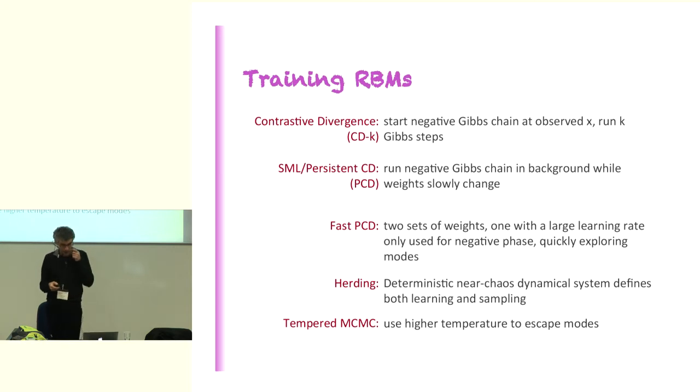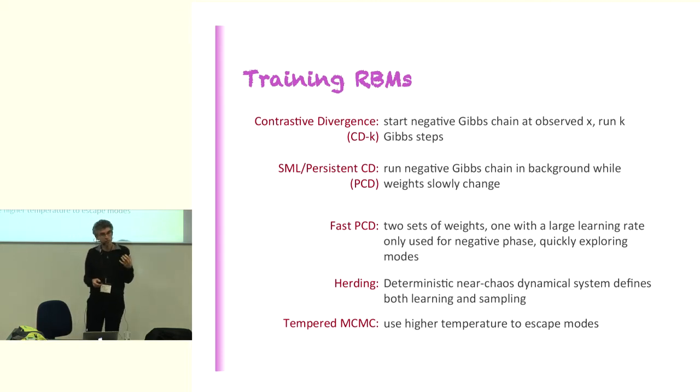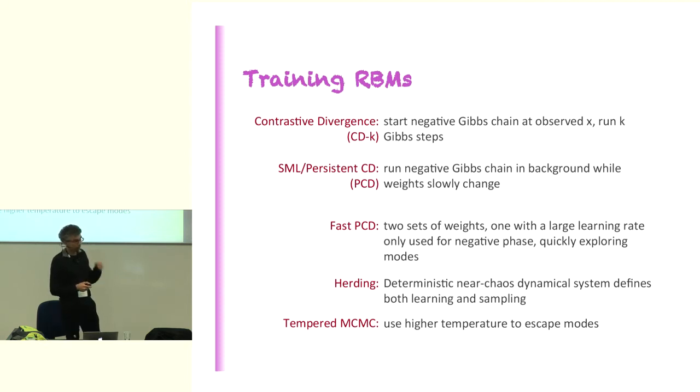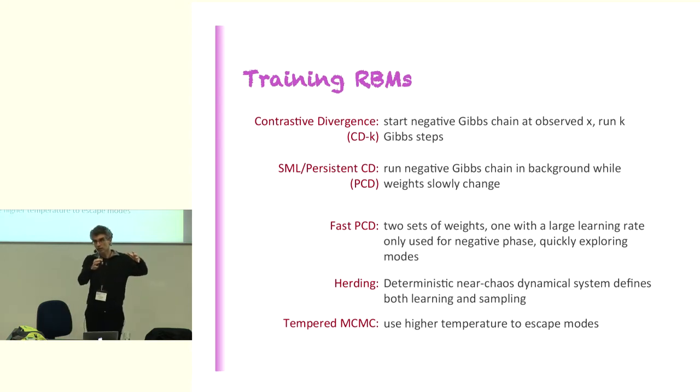It turns out that even with CD1, so k equals 1, this works reasonably well. But in terms of the quality of the model, as a generative model, it doesn't work as well as the next thing that was proposed, called PCD, or stochastic maximum likelihood, where instead of starting a new chain at each example to get these x minus, we just have on the side a chain continuously running that gives us the x minus whenever we want them.